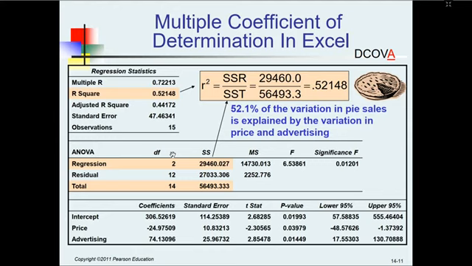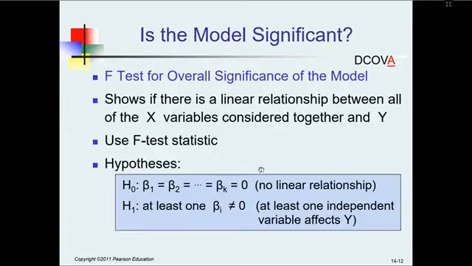So all other factors apart from price and advertising are contributing about 47.9% to the total variation of sales, while the two main factors in the model, price and advertising, are contributing about 52.1% to the total variation of sales. So we move to testing the overall significance of the model.